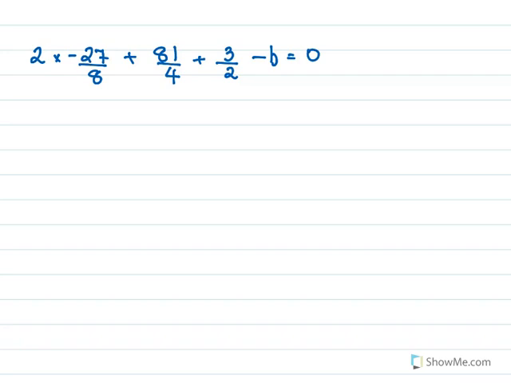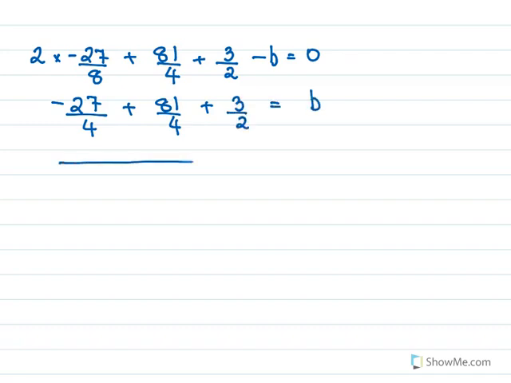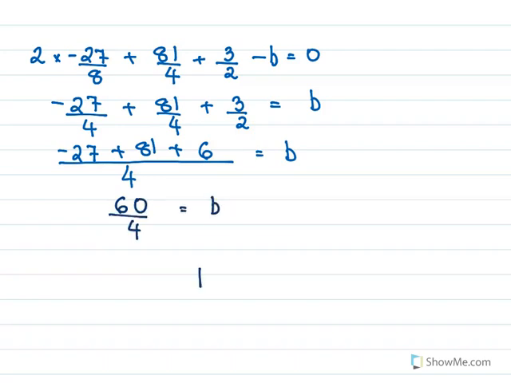And when you work this out, you cut this, you get minus 27 by 4 plus 81 by 4 plus 3 by 2 equal to b. I took the b on the other side, so here you get minus 27 plus 81 plus 6 over 4 equal to b. So this works out as 60 by 4 equals b, b equal to 15.